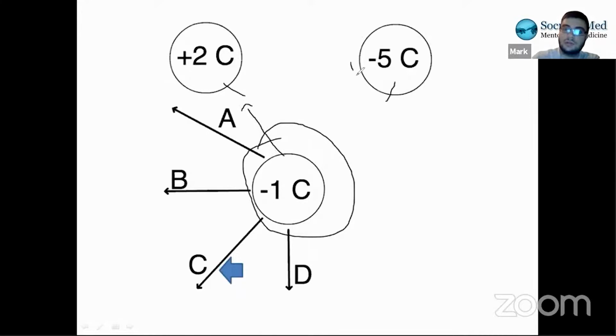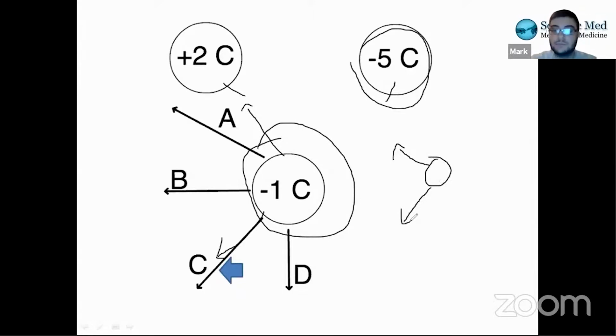This one, but it also has an interaction with this one, right? Because they're both negative, -1 and -5, the direction is away because like charges repel, right? What is directly away from this? It would be this way, right? So if I would draw it again, this is the -1 coulomb particle. It has a force going this way and a force going this way.